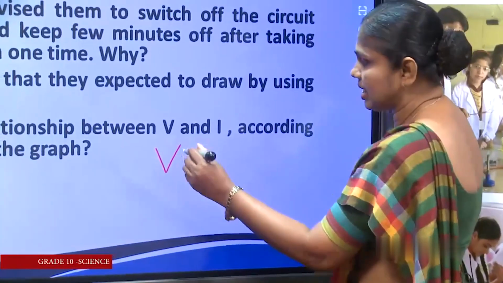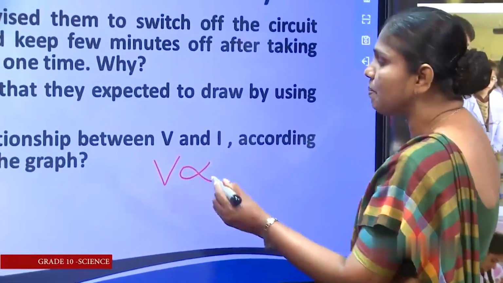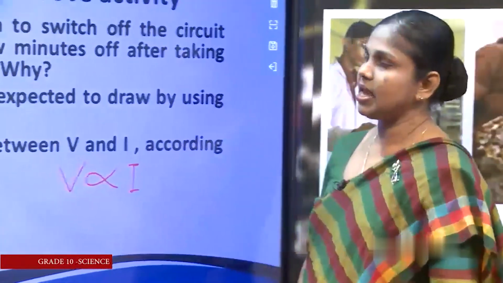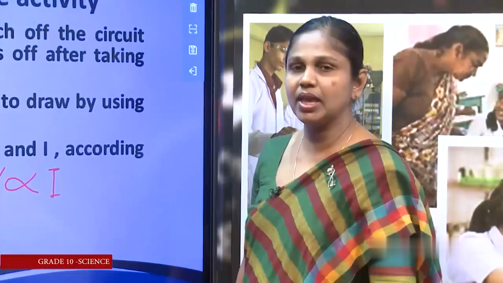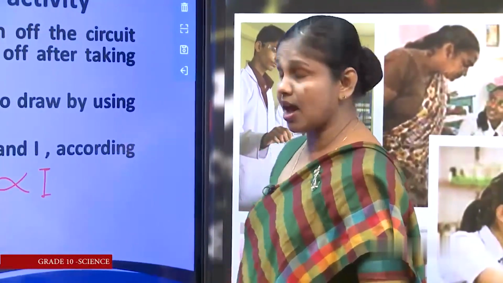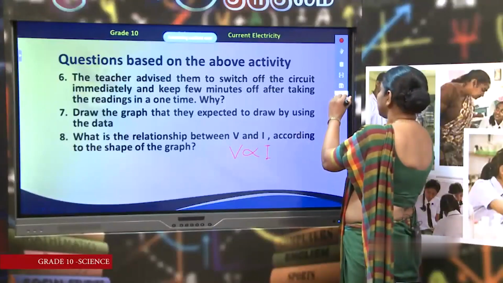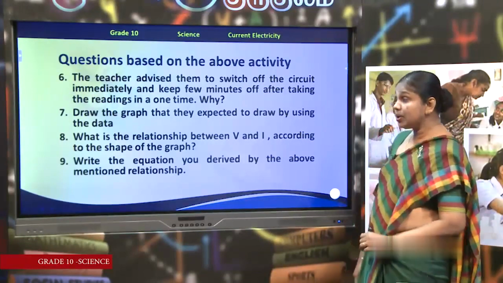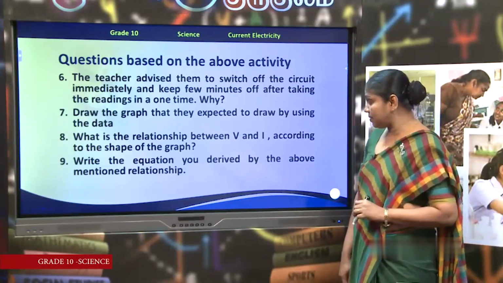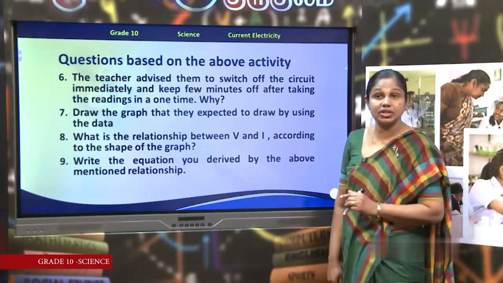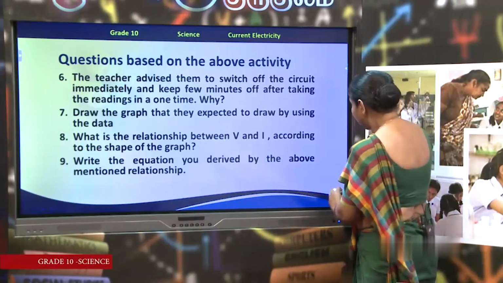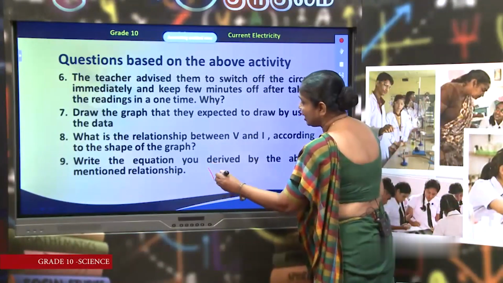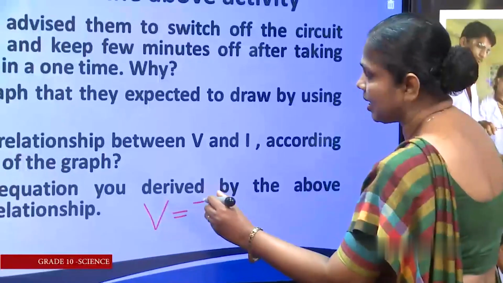This can be written as V directly proportional to I. This is the relationship we got from the graph, children. Next question. Write the equation you derived from the above mentioned relationship. What is the equation we derived finally? V equals IR.